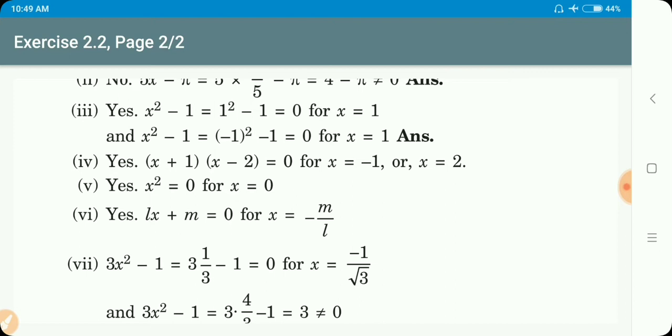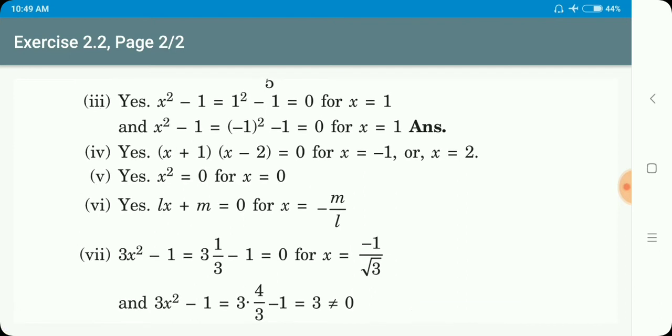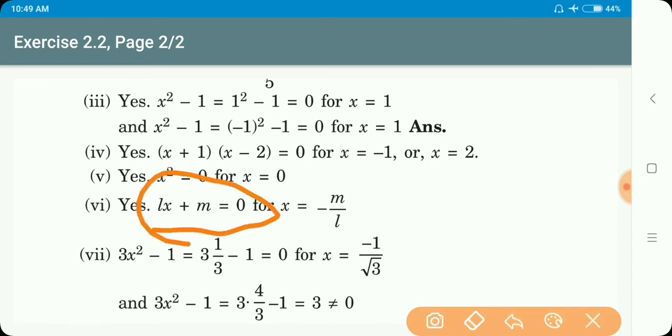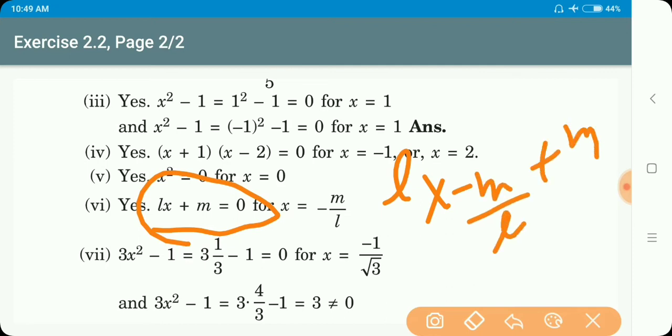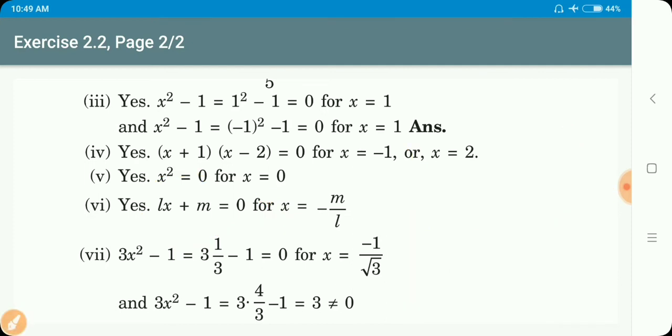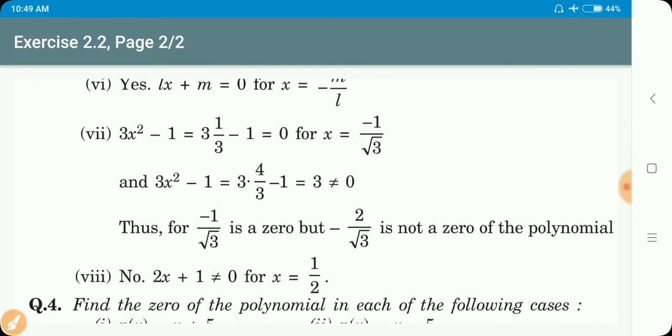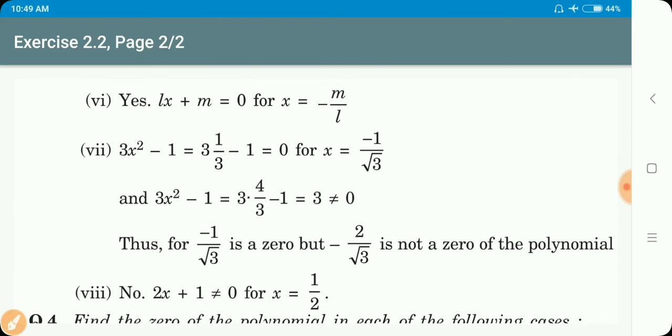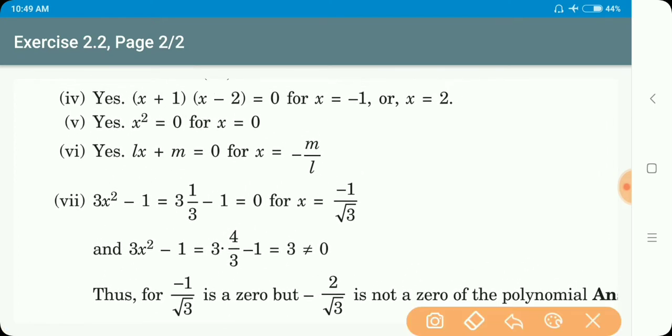For the fourth part, similarly in this polynomial, I am putting minus m upon l plus m. So this becomes 0. So I can say yes, it is a zero. Similarly, the remaining we can do. This is 3x square minus 1.